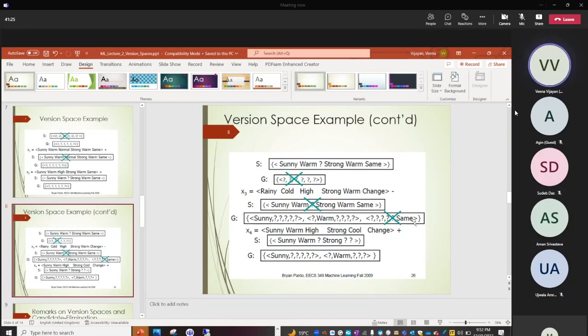So we framed this query. But when we got the last instance, sunny remains the same, warm remains the same. But when we check for this change, change is a positive case here. But we were telling same is the positive one till now.